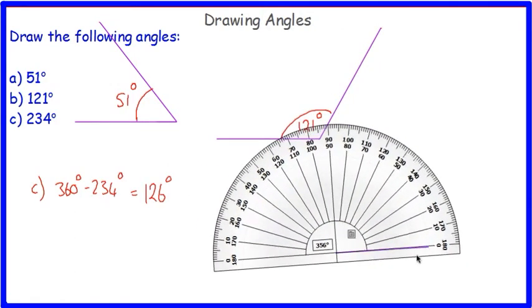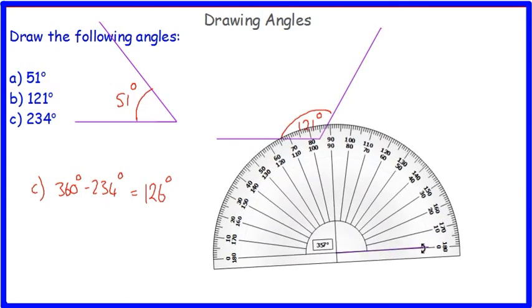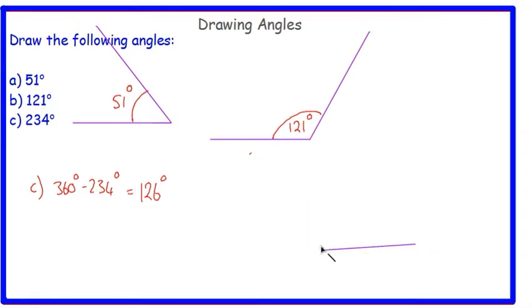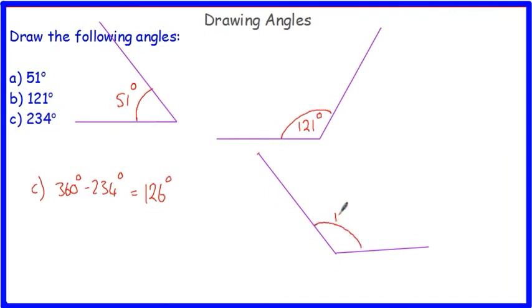So I draw a straight line. So place it on it. I am going to 126 degrees. There for a dot. Join this up. Now I'm actually going to label that 126 degrees. My real answer is this side, which is 234 degrees.